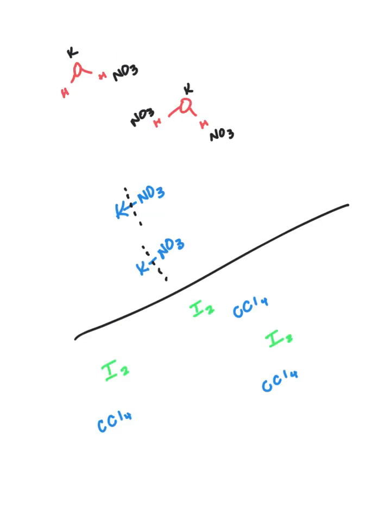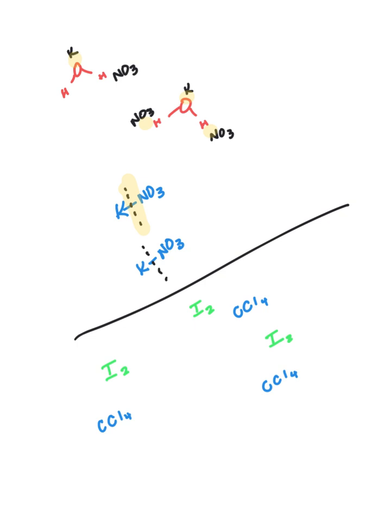When I dissolve an electrolyte in water, remember an electrolyte is going to dissociate. So this potassium nitrate is going to separate into a potassium ion, which is positively charged and therefore will be attracted to the partially negative oxygen end of a water molecule, and these nitrate ions, which are negatively charged and will be attracted to the partially positive hydrogen end of water molecules.